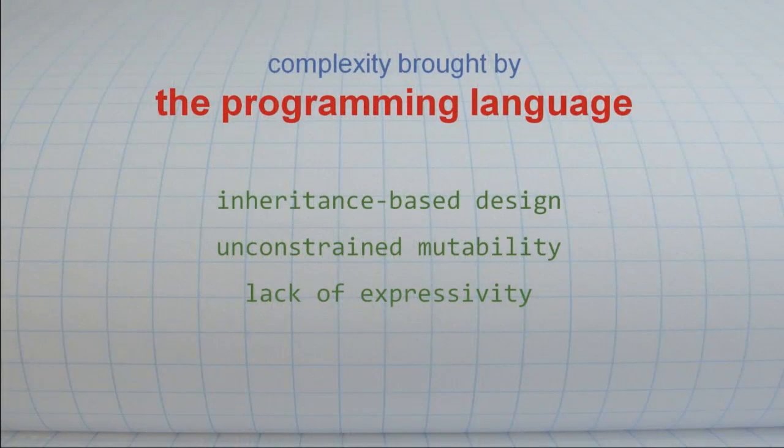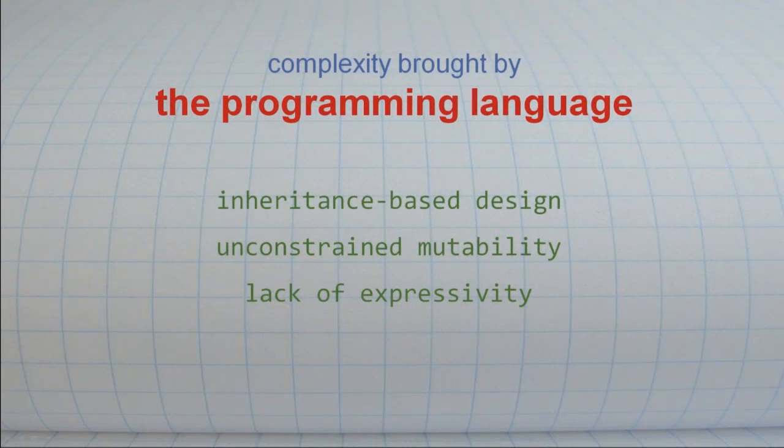Okay, last, there's the complexity of the programming language, which is the least of a problem because you can always work around it. If your language favors inheritance-based design, then you are more likely to follow this pattern, which yields more complexity. If your programming language does not constrain mutability, you'll have to do it by yourself, which is also a problem.